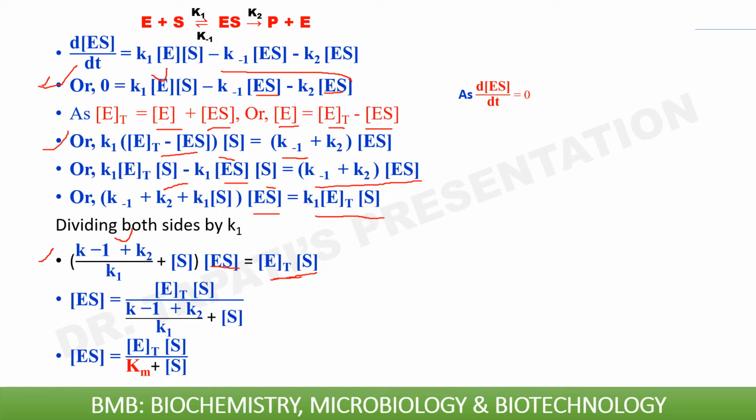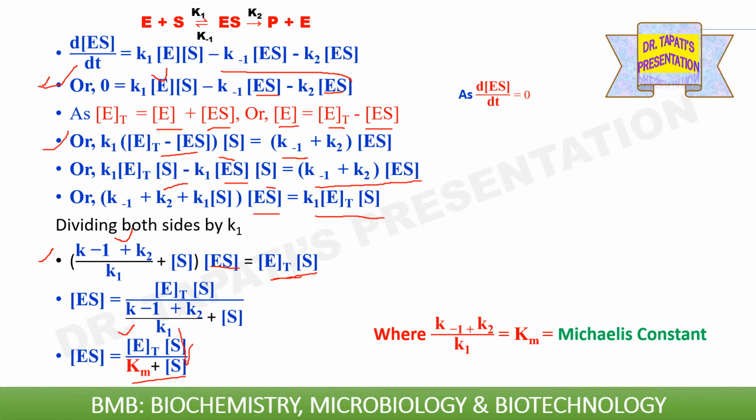Or we can write ES is equal to the concentration of total enzyme into S divided by Km plus S, where K-1 plus K2 by K1 is equal to Km, and this Km value is called the Michaelis constant.